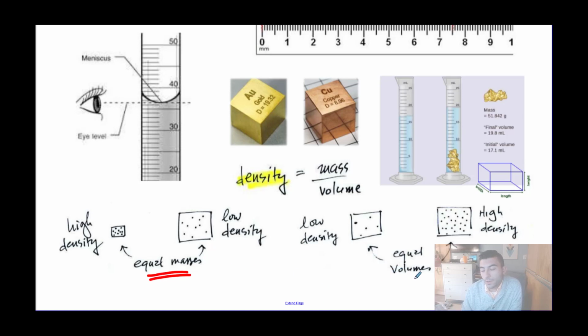And in the example on the right here, the objects that are at equal volumes, as indicated by the size of the square, the higher density substance is going to be the one that has more mass in that space than the one with the least mass, right?